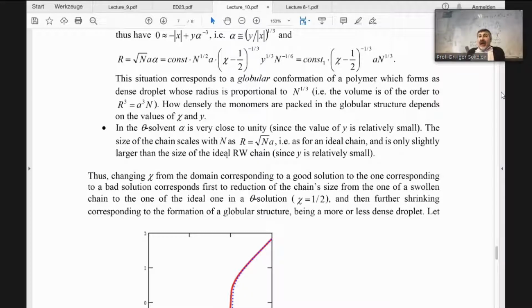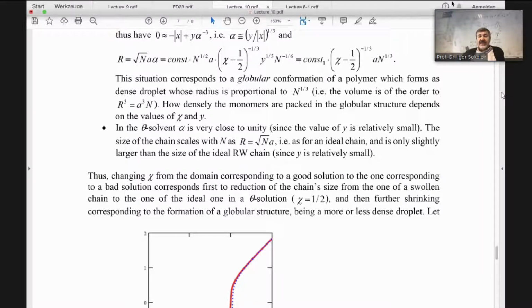Then above, at chi which are larger than 1/2 plus something of the order of square root of n, you are in the domain of a good solvent and the chain behaves as a self-avoiding chain. And if you are in this narrow band close to chi equal to 1/2, the chain behaves practically as an ideal chain.